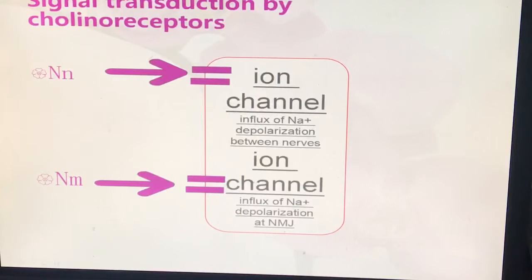Okay, now move on. The second category of cholinoreceptor is the nicotinic receptor. There are two types of nicotinic receptor, NN and NM.